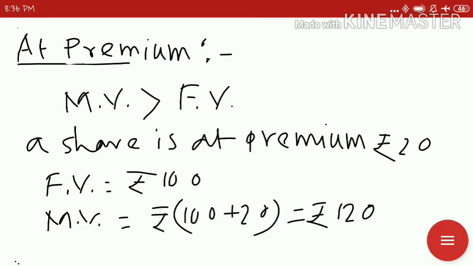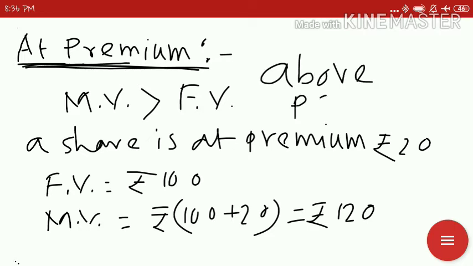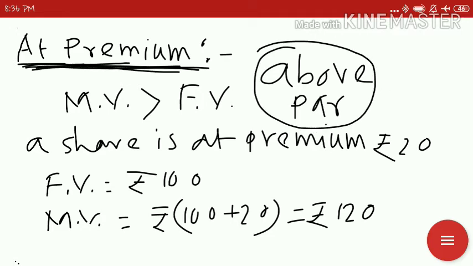That will be the market value. Now this term, at premium, can be given in another form, above par. Both are the same thing. At premium or above par, both are the same term.